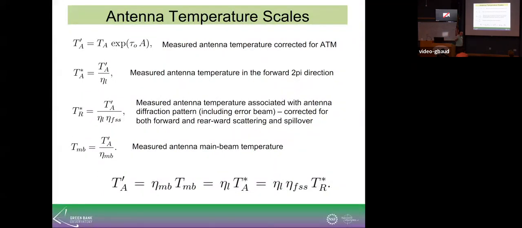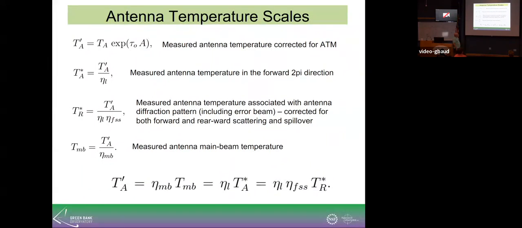All those efficiencies come with different temperature scales. Different telescopes use different temperature scales. The GBT at low frequencies just uses antenna temperature. But if you work at higher frequency, you want to correct for atmosphere. So TA prime is the antenna temperature corrected for atmosphere. Most millimeter telescopes today will use TA star, and we use that at higher frequency.